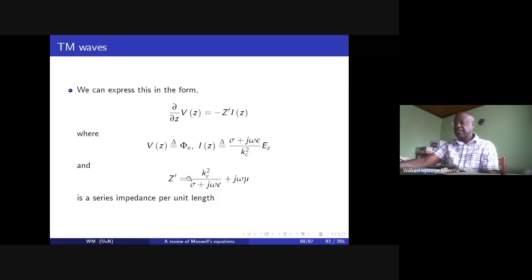Why is it going to be an impedance? If you look at this, kc is usually measured as two pi over the wavelength. So this has the dimensions of per unit length, that is, kc squared is per unit area. And therefore, since it's appearing at the bottom, it will multiply at the top. This is a conductance per unit length. That is a capacitance per unit length.